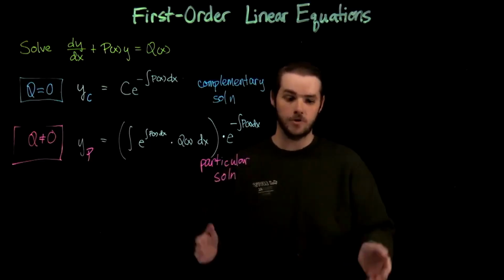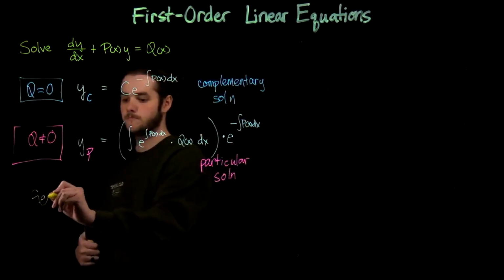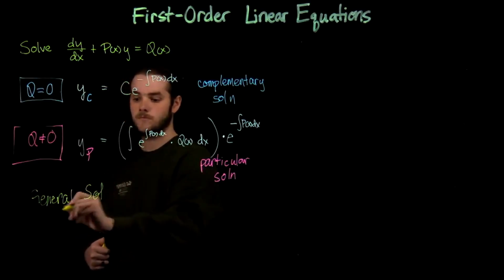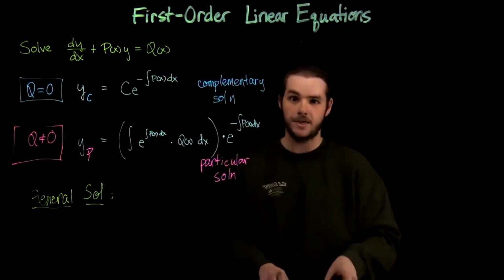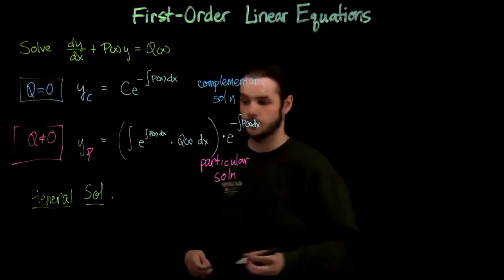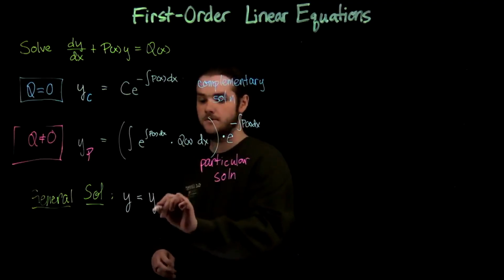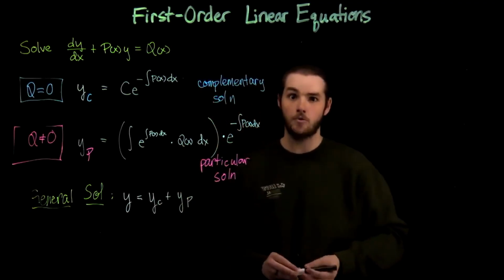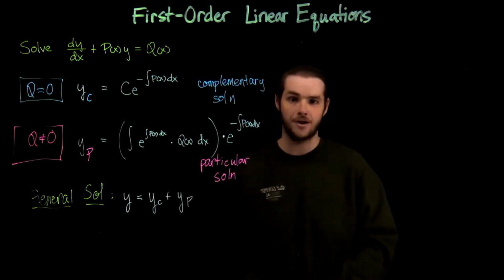So, to cover all of our bases, the general solution is actually just the sum of the complementary and particular solution. It is yc plus yp. That way, we account for q and have a family of solutions.